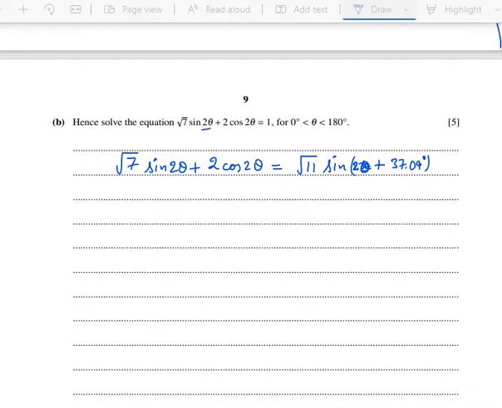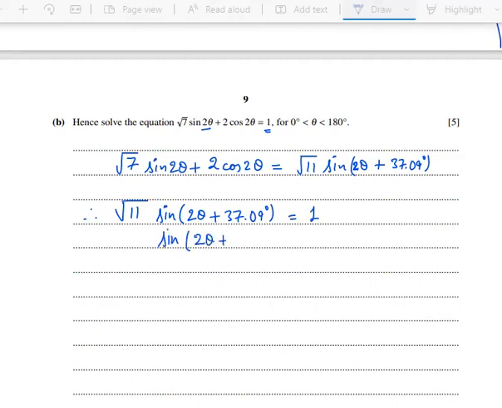Therefore, LHS equals under root 11 into sine of 2 theta plus 37.09 degrees, which is equal to 1, as we are given. Now I can take this root 11 to the right hand side.